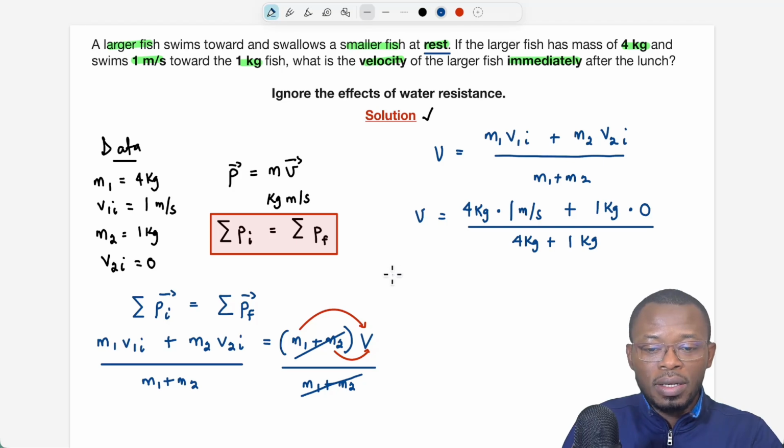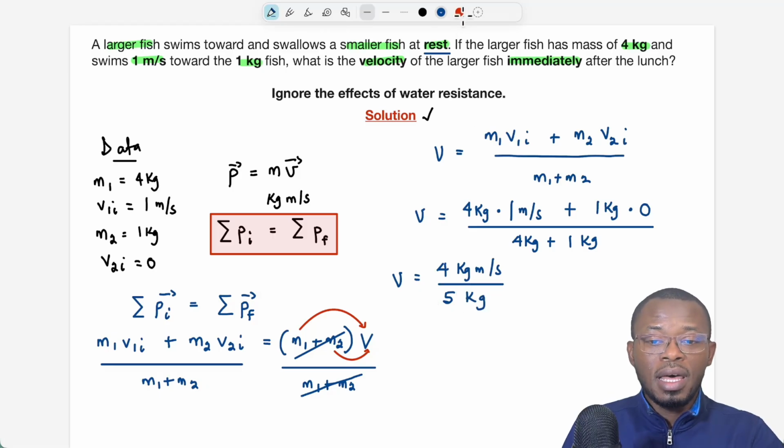So now velocity is equal to 4 kilogram times 1 meter per second, which gives us 4 kilogram meter per second, plus 1 kilogram times 0, so plus 0. So it will be 4 kilogram meter per second, and then we divide by 4 kilograms plus 1 kilogram, which gives us 5 kilograms.